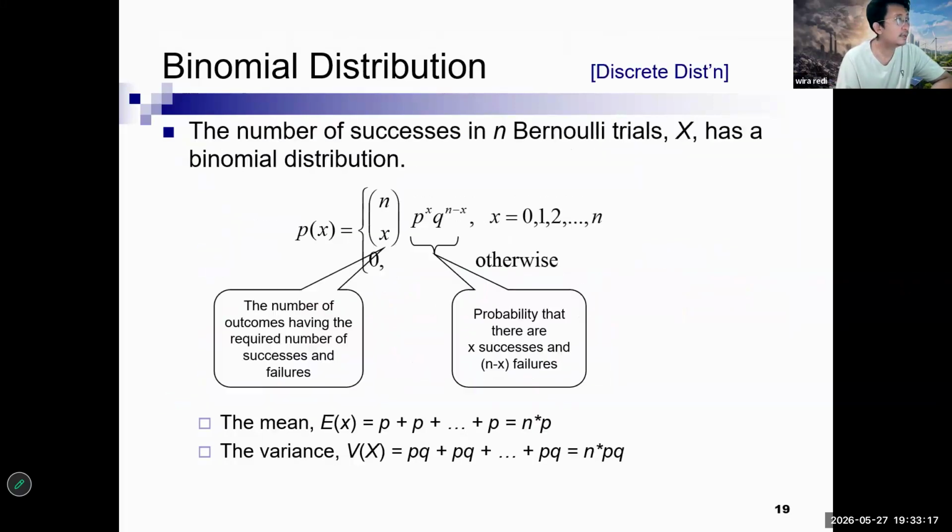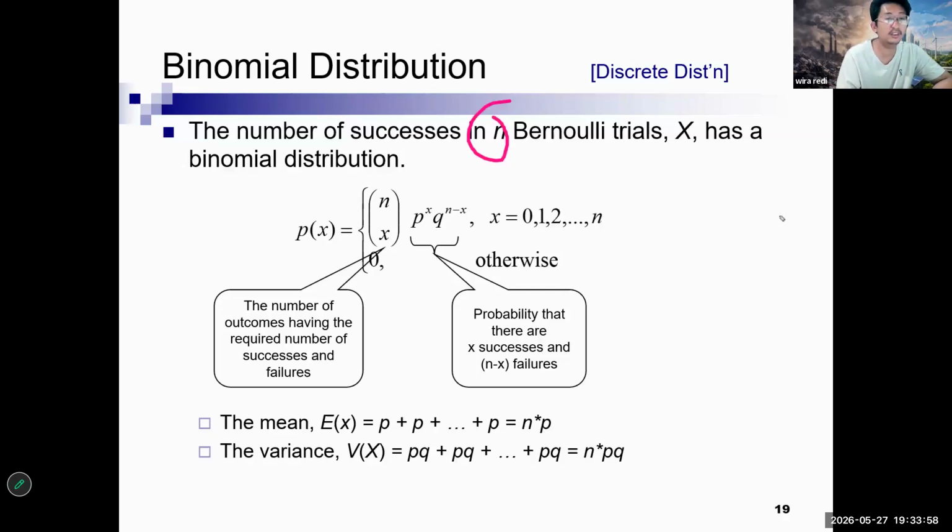Next, we have binomial distributions. Binomial and Bernoulli are connected to one another. In Bernoulli, we only consider the probability of each trial being a success or failure. Binomial is used when we count the number of successes in a fixed number of trials.